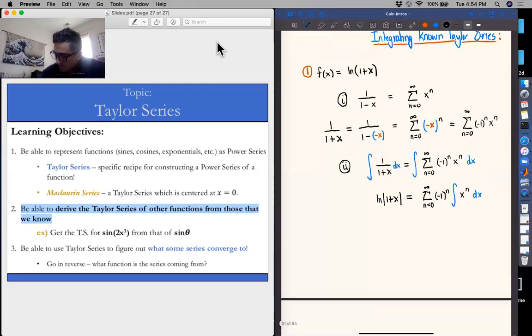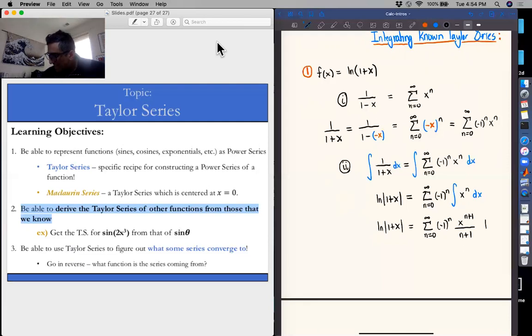So when we integrate this, the left-hand side is still ln of 1 plus x, and the right-hand side, by power rule, we bump up that power by 1, which means we have x to the power of n plus 1 all over that power plus 1, which means we divide by n plus 1 as well.